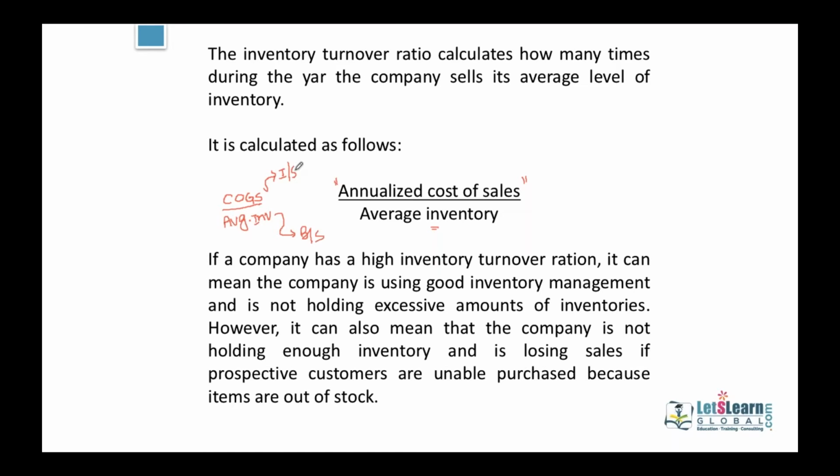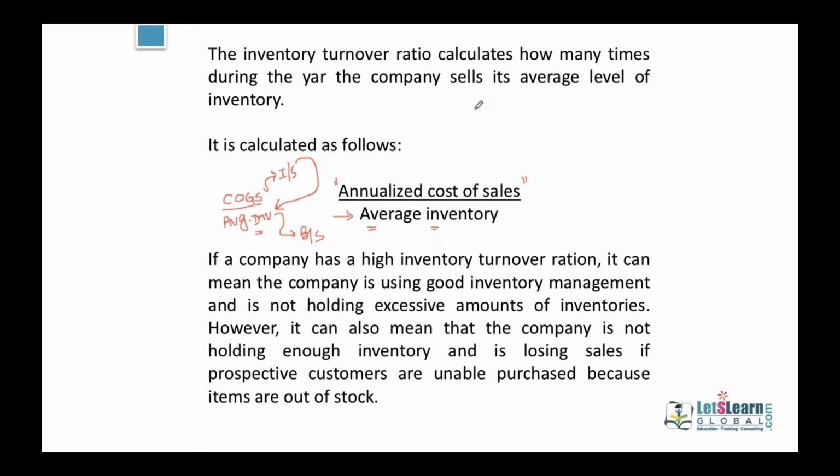Now onwards you should have a standard rule that if any income statement item is expressed in balance sheet item, the balance sheet item is to be averaged. So always you will have denominator average. Average means beginning amount plus ending amount divided by 2.